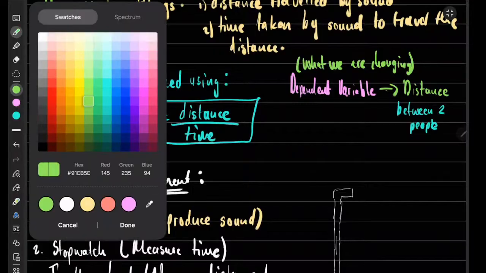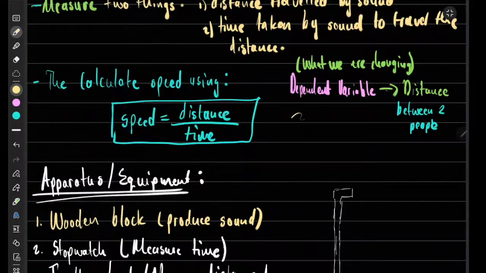Then the second thing will be, what is the independent variable? I am using these words because you usually ask them. The moment LGK asked me about practical, I then remembered about these. Independent variable is what we are measuring, right?